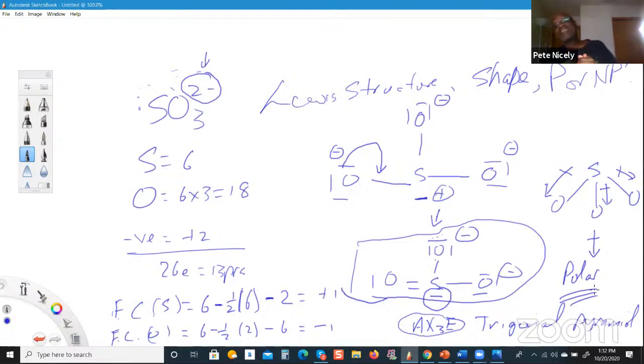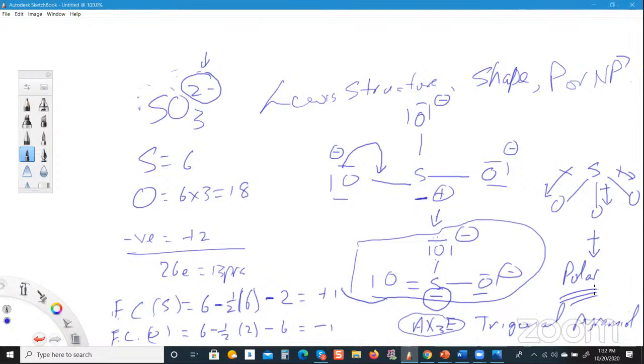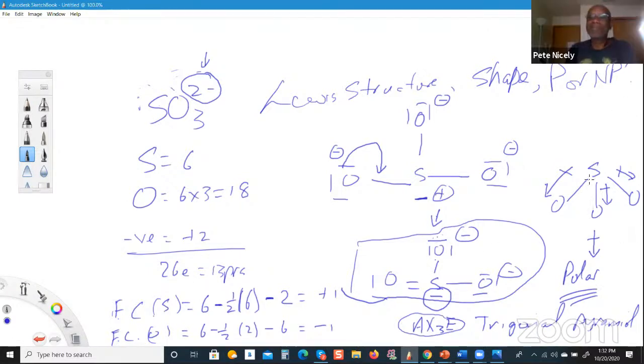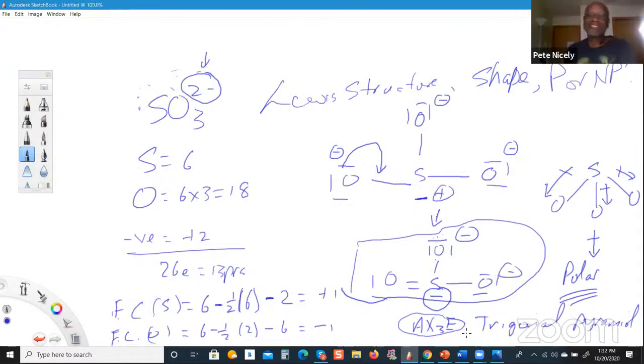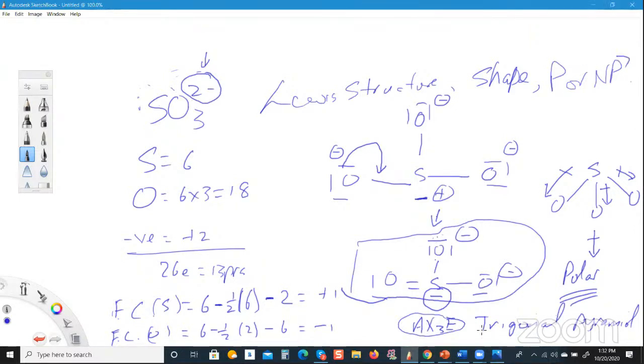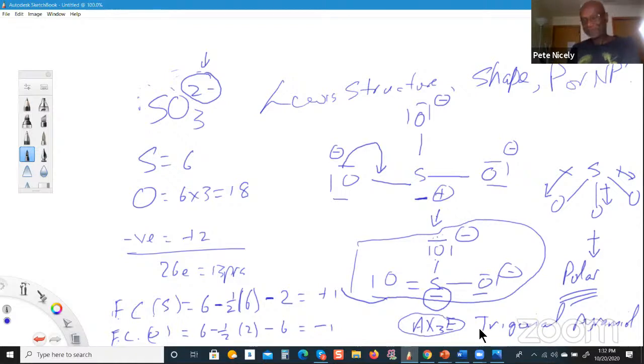So basically, what it's saying is that the net negative charge for the entire species will be towards the oxygen, which is the case, as you can see in the Lewis symbols, right? If you look at the Lewis structure here, the negative charges are on the oxygens, and as a result, the sulfur will have a net plus charge.